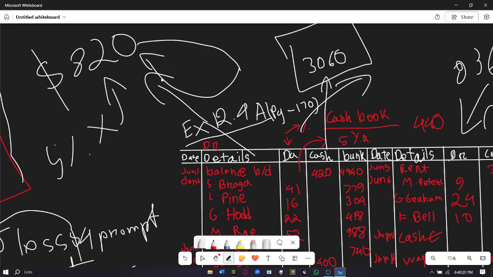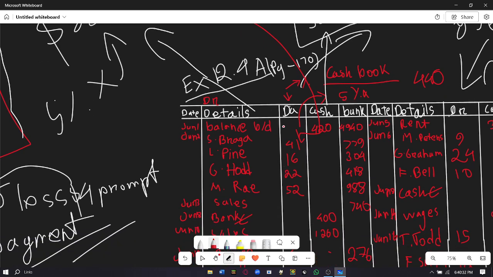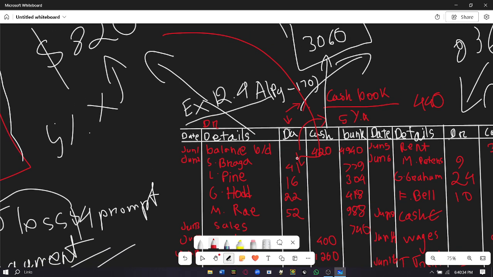Once you find the percentage value, you put that value in the discount allowed, then subtract it from here. As you can see, for Braga, 5% of 820 is $41. So 820 minus 41 gives 779.